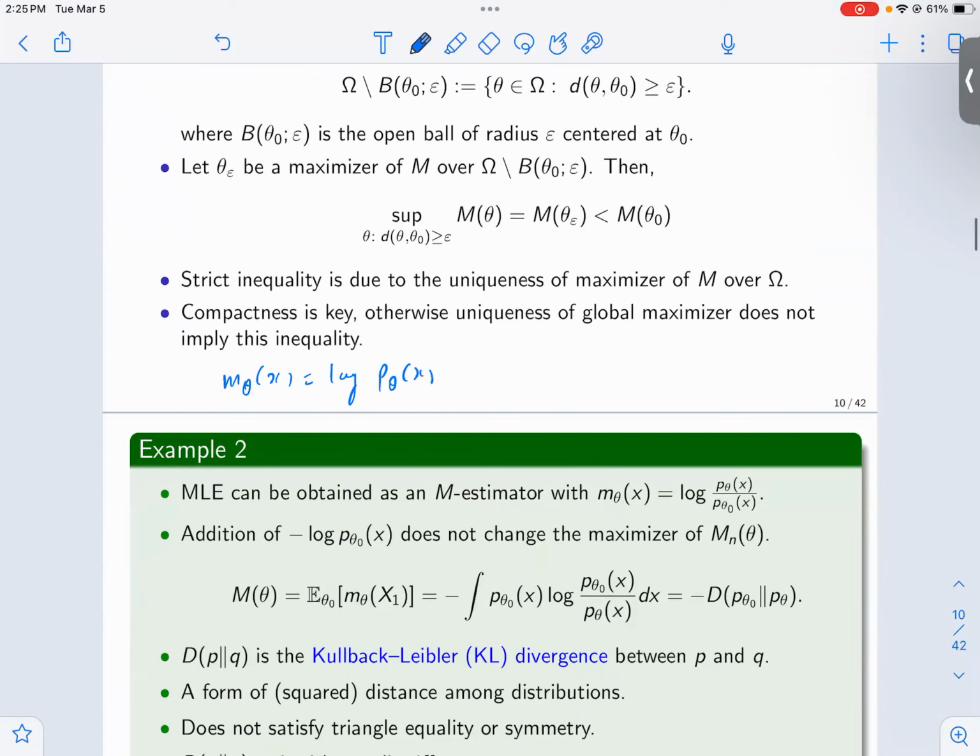And assuming that we are under the setting where the uniform convergence holds, let's see what M(theta) is. This is expectation under theta naught of m theta of x1, which turns out to be expectation under theta naught of log p theta of x1.